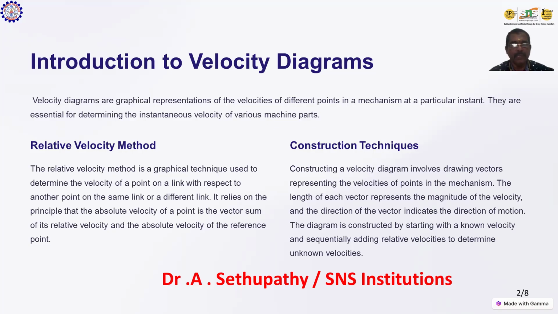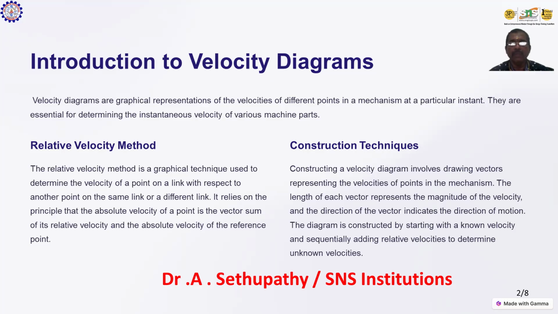The diagram is constructed by starting with a known velocity. First we find one link's velocity. The problem will give the RPM and the rotation, clockwise or anti-clockwise, of the link. From this data we find the first link's velocity, called the angular velocity.